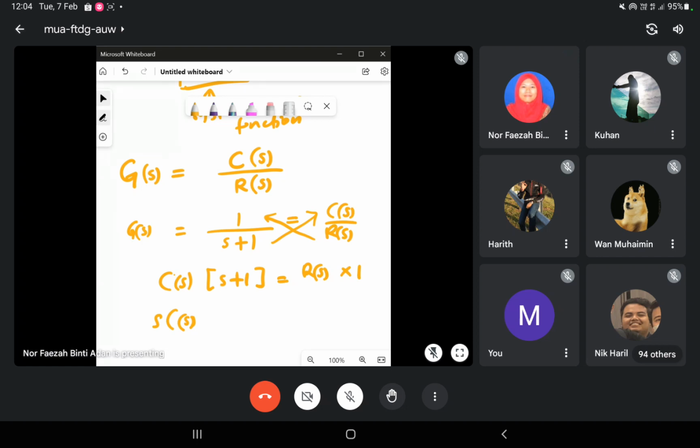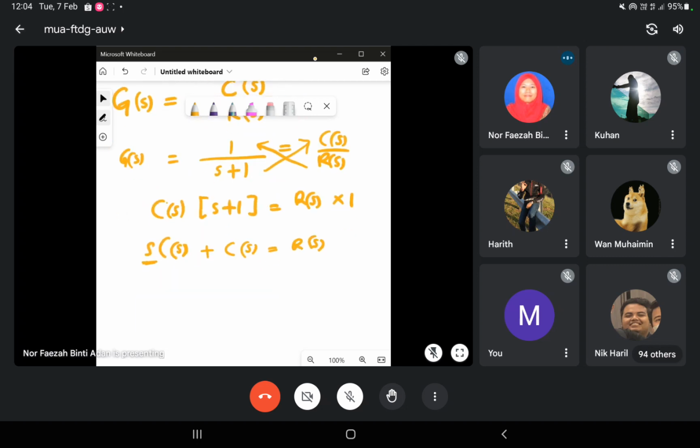The S in brackets indicates a function of time domain. It is not the same as this S, don't confuse them. So S C(S) plus C(S) equals R(S). You refer back to your table for the conversion from differential equation to S domain.